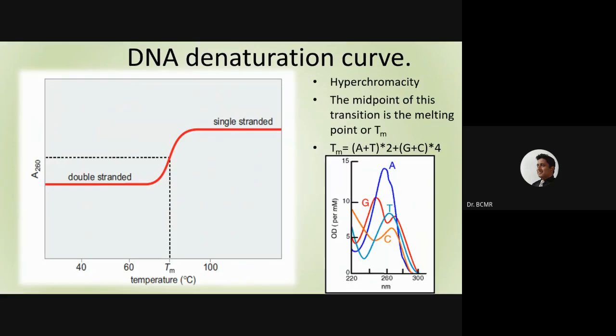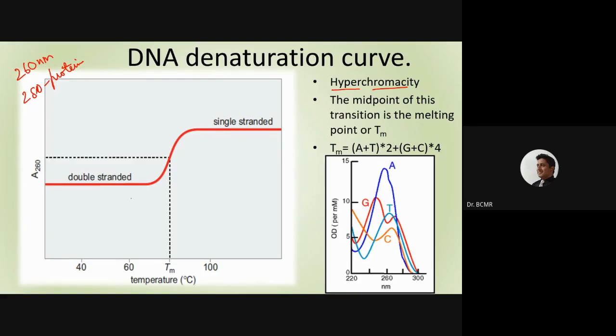We also discussed hyperchromicity. We discussed that single strands absorb more at 260 nanometers. To remember, 260 nanometers is where nucleic acids absorb maximally, and 280 is for proteins. And you can calculate the melting temperature. The melting point is the temperature at which 50% of a double-stranded DNA molecule has denatured to single strands.